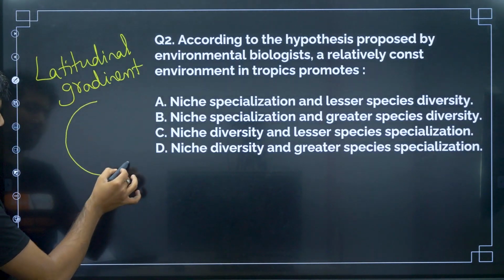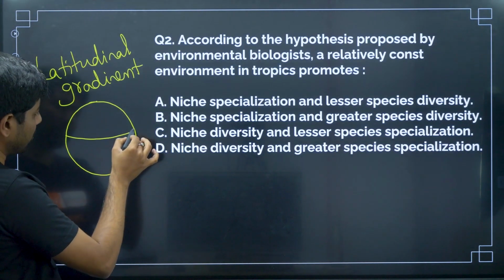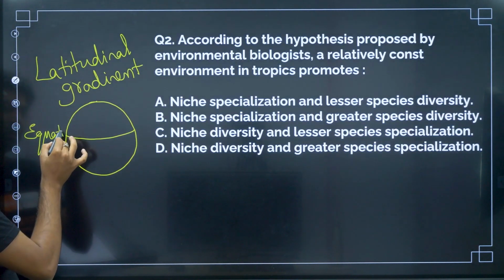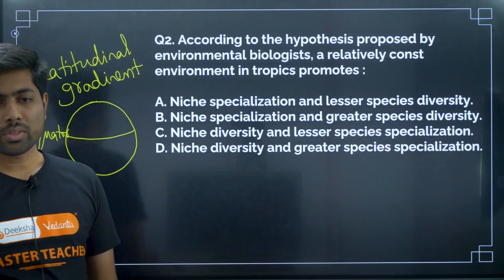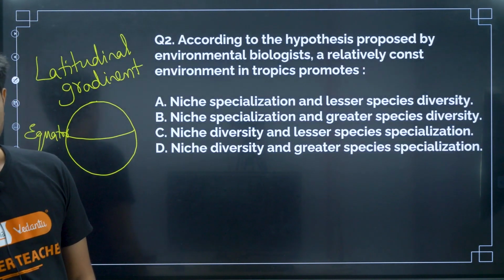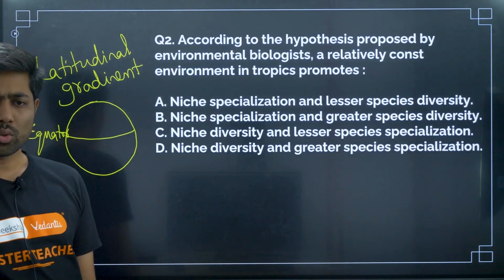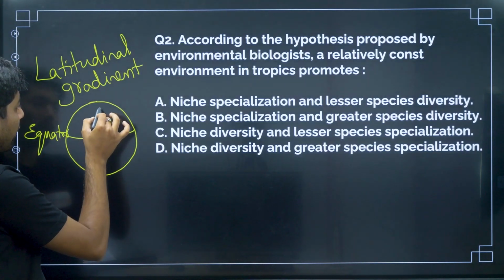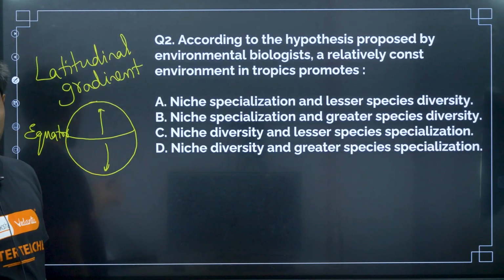If you look at the earth, what do you see? This is the equator. What is the speciality of the equator? In the equator there is a constant environment, because the sun's rays fall directly on the equator throughout the year. Now as you go from the equator towards the pole, you see a lot of variation.